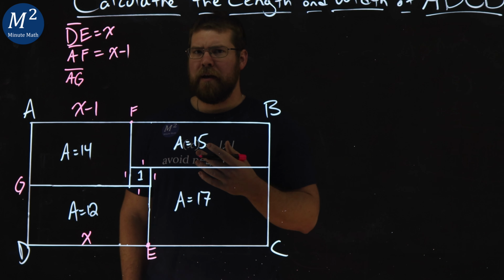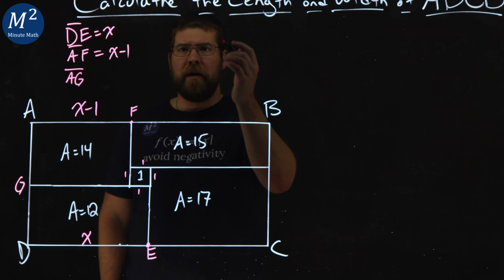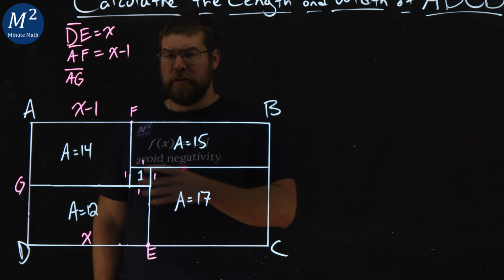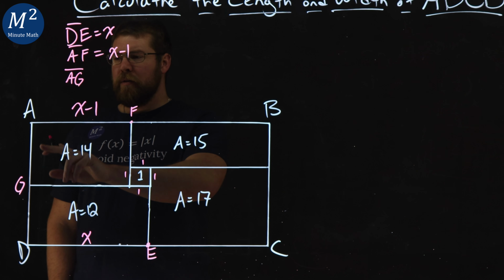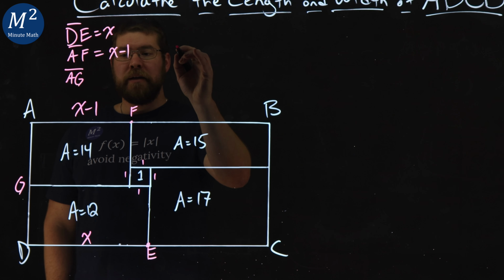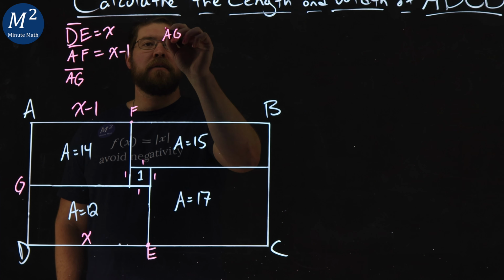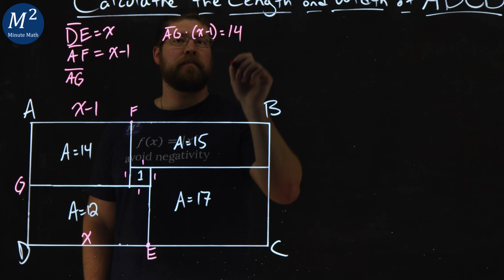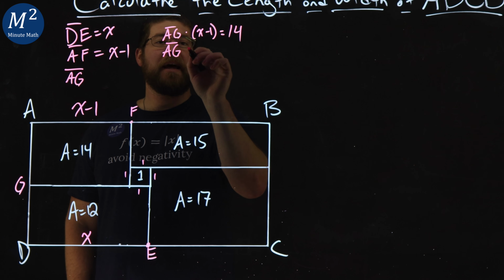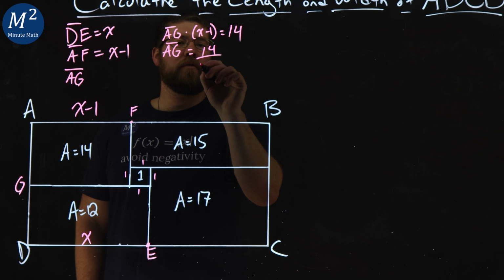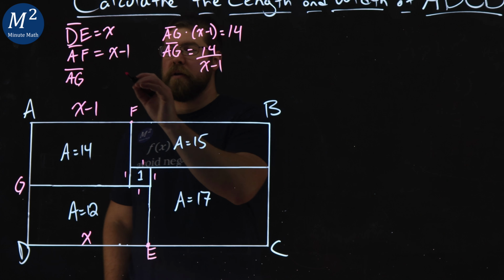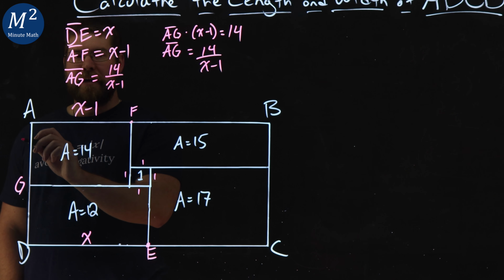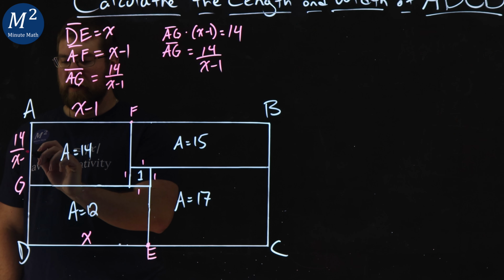Area is equal to length times width, and we're going to use this multiple times to get values in terms of X. We don't know what AG is, but AG times X minus 1 is equal to 14. So AG is equal to 14 over X minus 1, and we can write this length here as 14 over X minus 1.